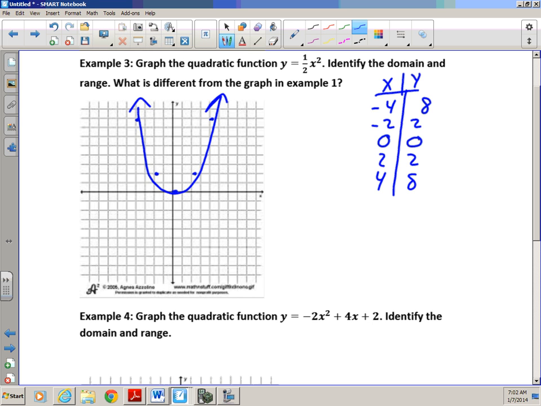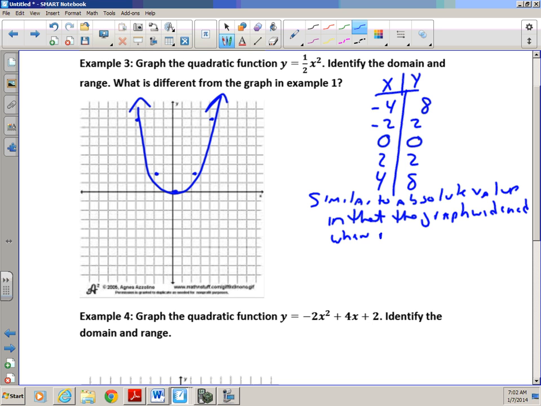Now, how is this similar? This is similar to absolute value in that the graph widened when multiplied by a number less than 1 and greater than 0.